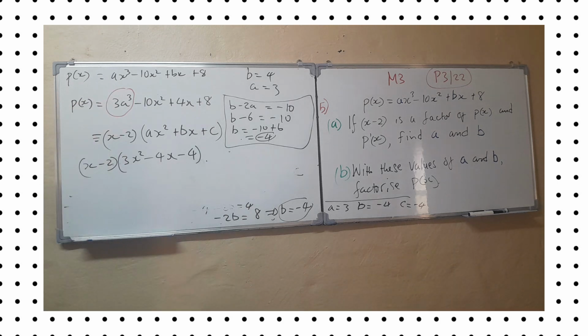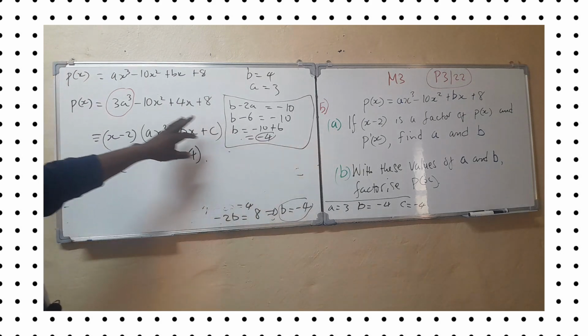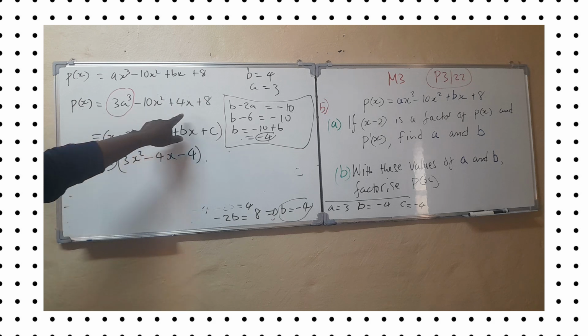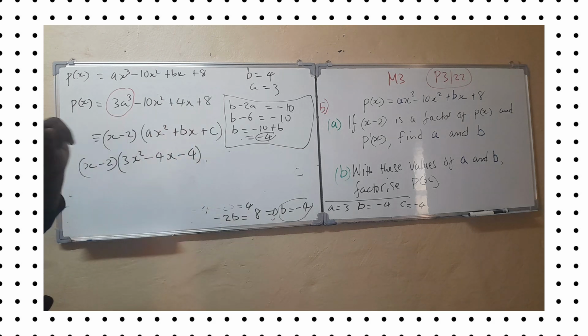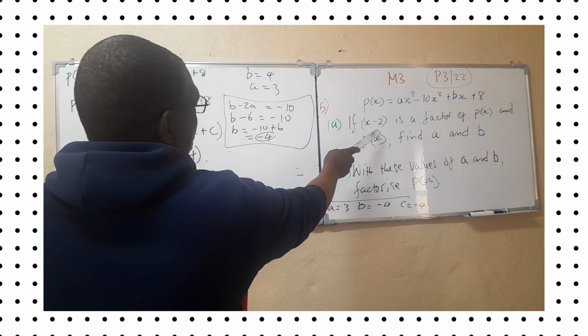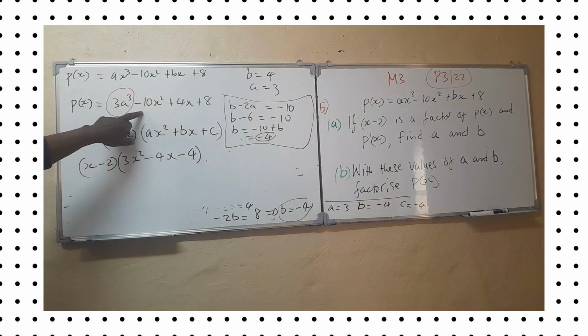Let me just summarize what we did in part B. What we did in part B, we first of all had to find our a and b from question A. And then we substituted, we ended up with P of x is equal to that. Now, to factorize this, we were lucky enough to have been given one piece of information that x minus 2 is a factor of P of x.